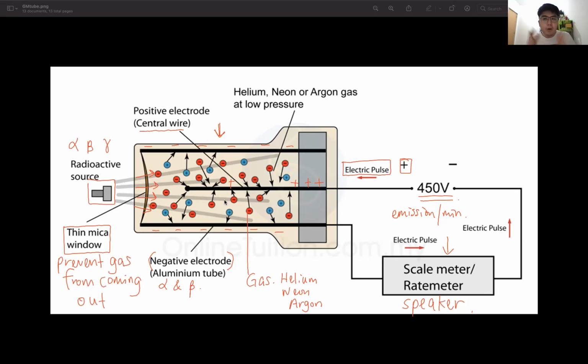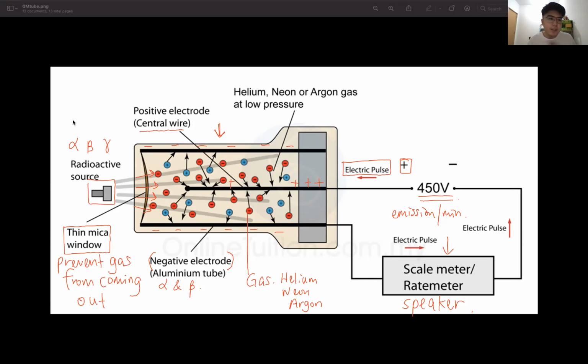Do we know whether it's alpha, beta, or gamma? Now, the thing is, the GM tube cannot tell whether it is alpha, gamma, or beta. It can only tell how many emissions, because you can only hear the sound, but you don't know whether it's alpha, beta, or gamma.